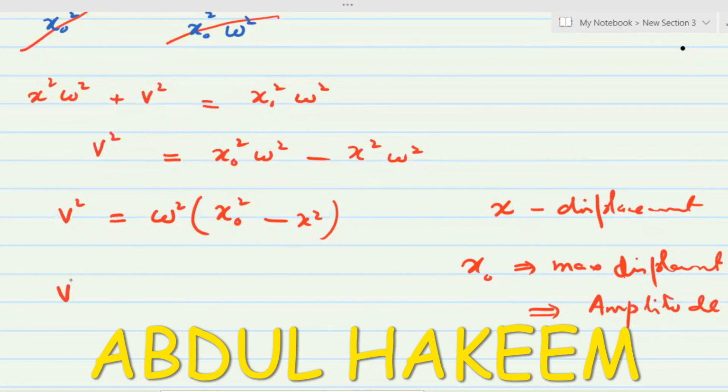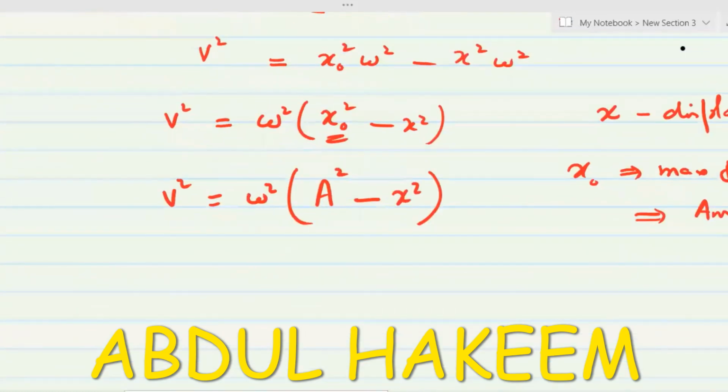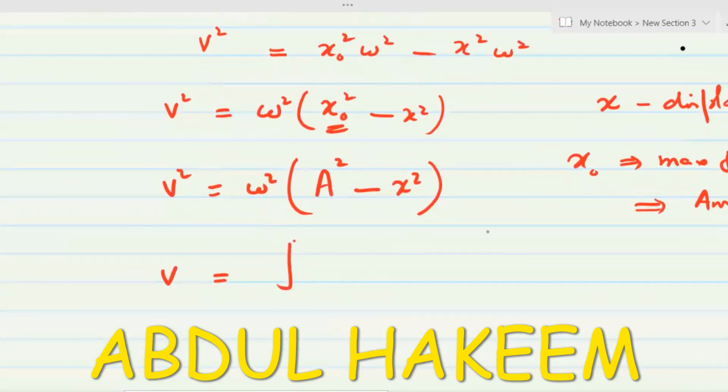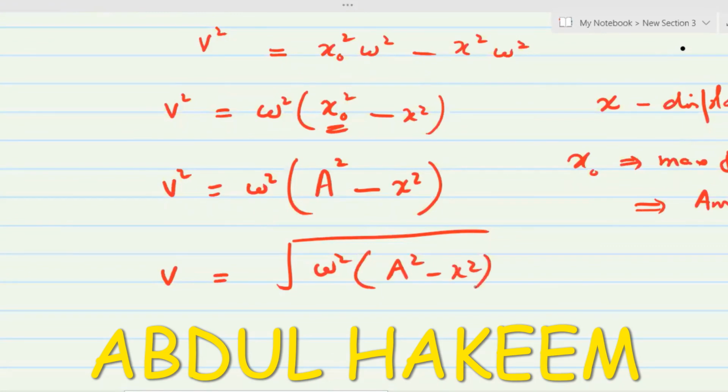So we can substitute: this is maximum displacement, amplitude. So amplitude square minus displacement square, and finally the equation is v is equal to under root of this. So under root of omega square into amplitude square minus x square, or we can write plus minus omega under root of amplitude square minus x square.